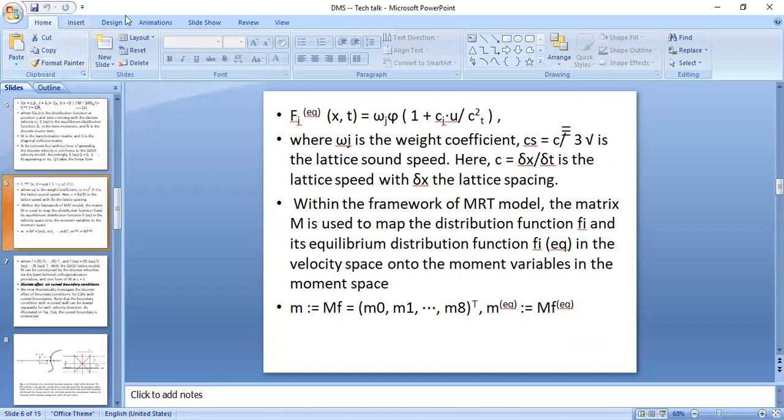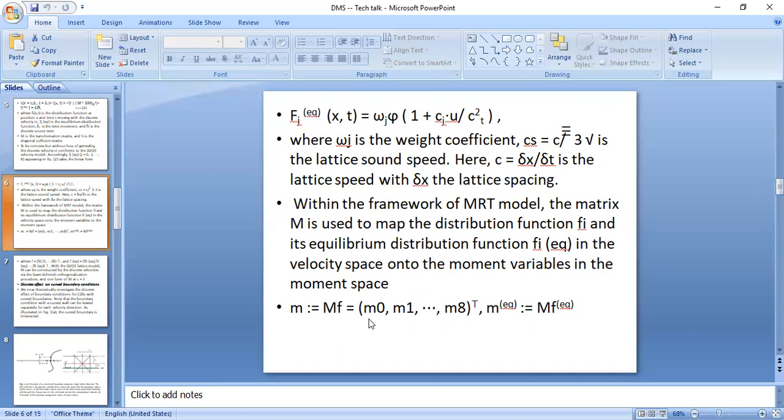Here, c = Δx/Δt is the lattice speed with Δx the lattice spacing. Within a framework of the MRT model, the matrix M is used to map the distribution function fi and its equilibrium distribution function onto the moment variables in the moment space.